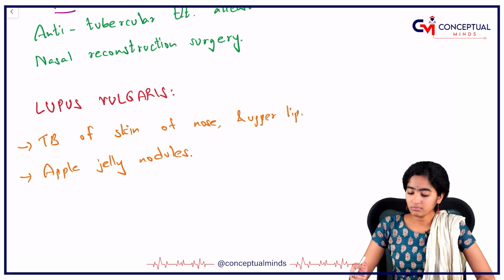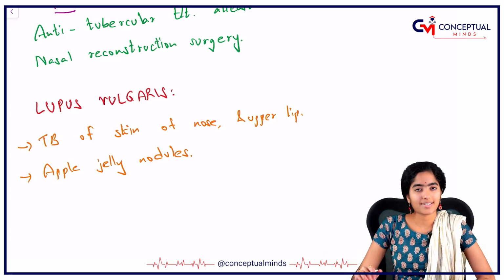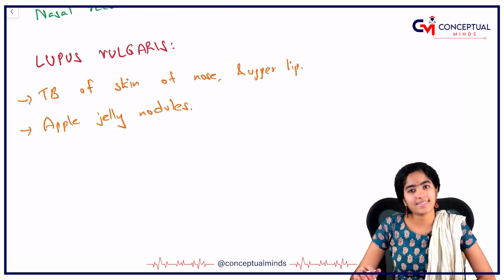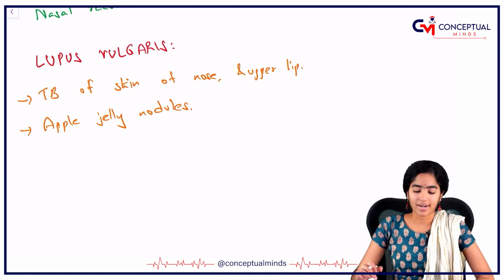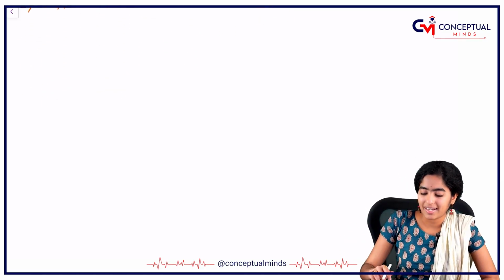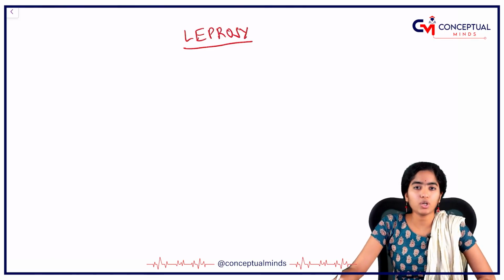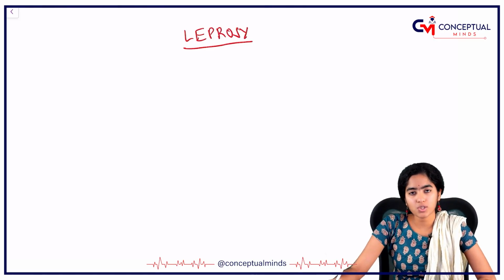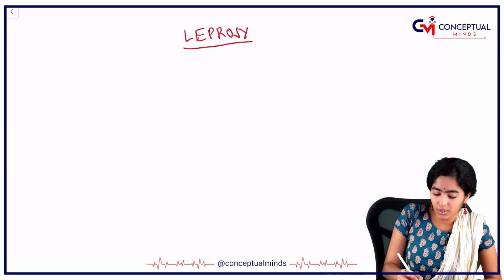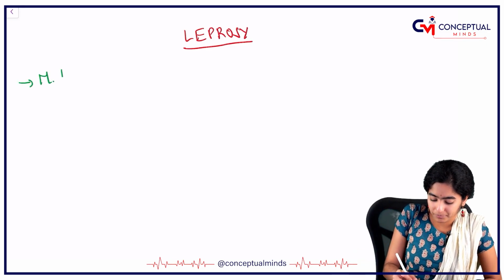Okay. So after tuberculosis and lupus vulgaris, let us now move on to another granulomatous disease, and that is leprosy. Leprosy is another chronic granulomatous infection caused by bacteria known as Mycobacterium leprae.